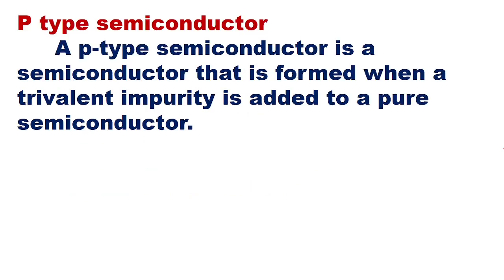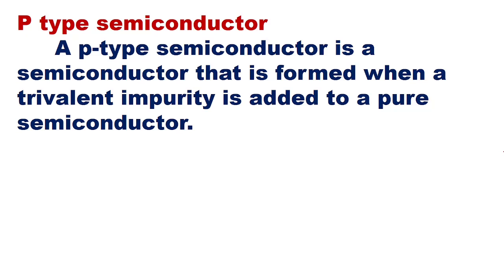So definition of p-type semiconductor says that p-type semiconductor is a semiconductor that is formed when a trivalent impurity is added to a pure semiconductor. So a trivalent impurity are those elements which have 3 valence electrons, and a pure semiconductor like silicon and germanium are those elements which are having 4 valence electrons, tetravalent elements.